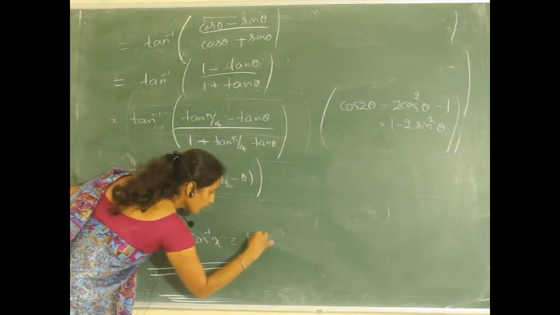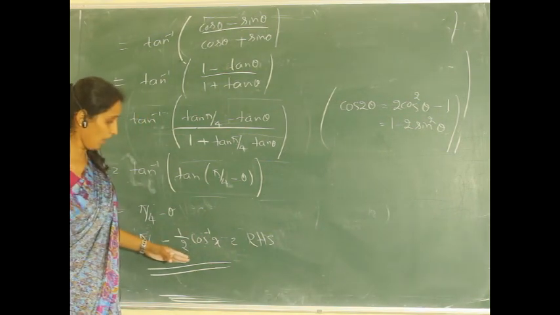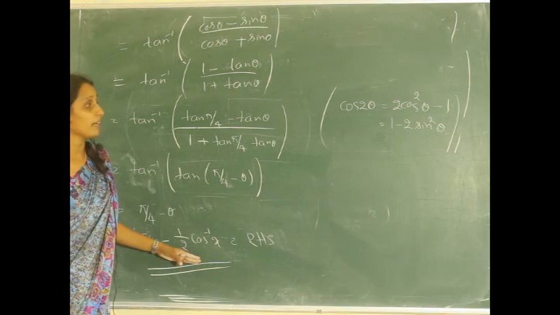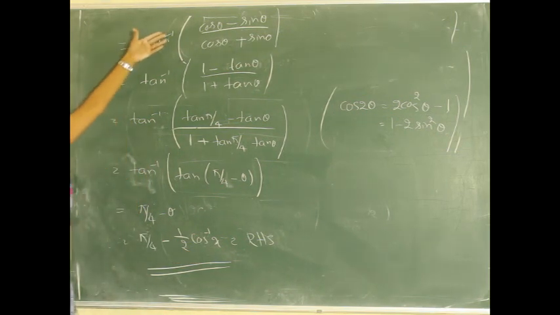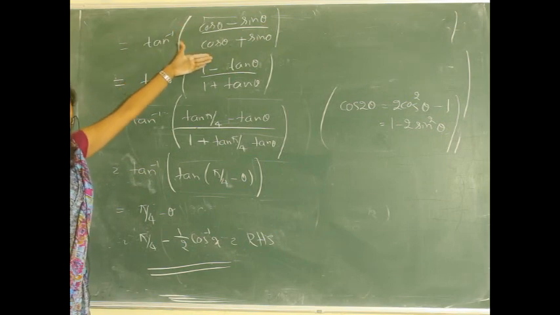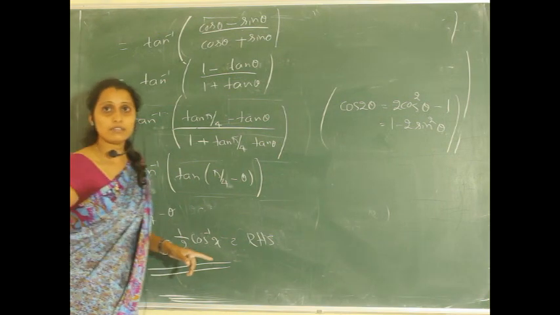This is equal to the right hand side of the given problem. In the problem the numerator is minus and the denominator is plus, so we are getting the answer pi by 4 minus half cos inverse x.